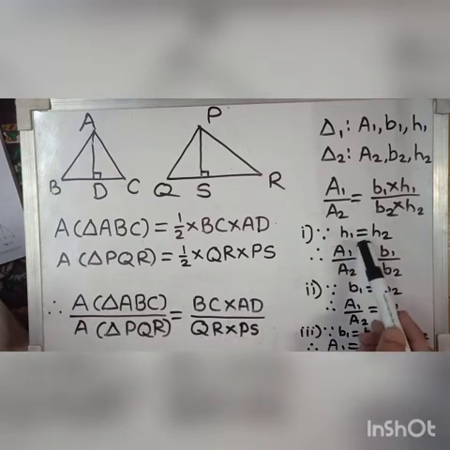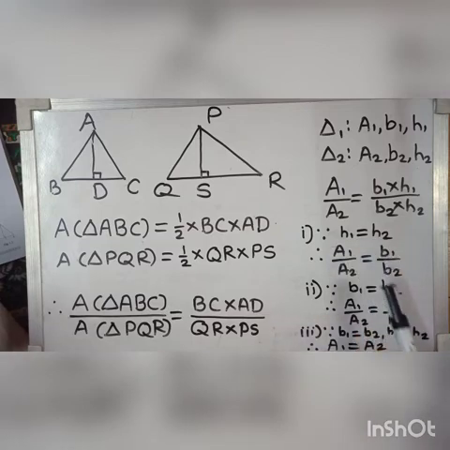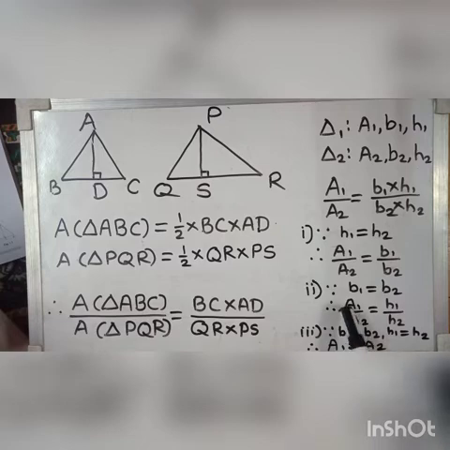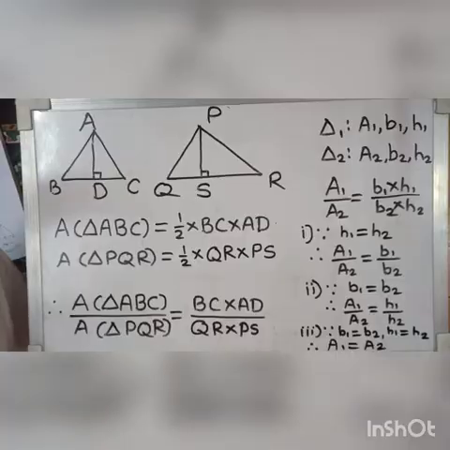If two triangles have equal heights, then the ratio of areas is equal to the ratio of their bases. If two triangles have the equal bases, then the ratio of the areas is equal to ratio of the heights. And if two triangles have equal bases and equal heights, then their areas are also equal.